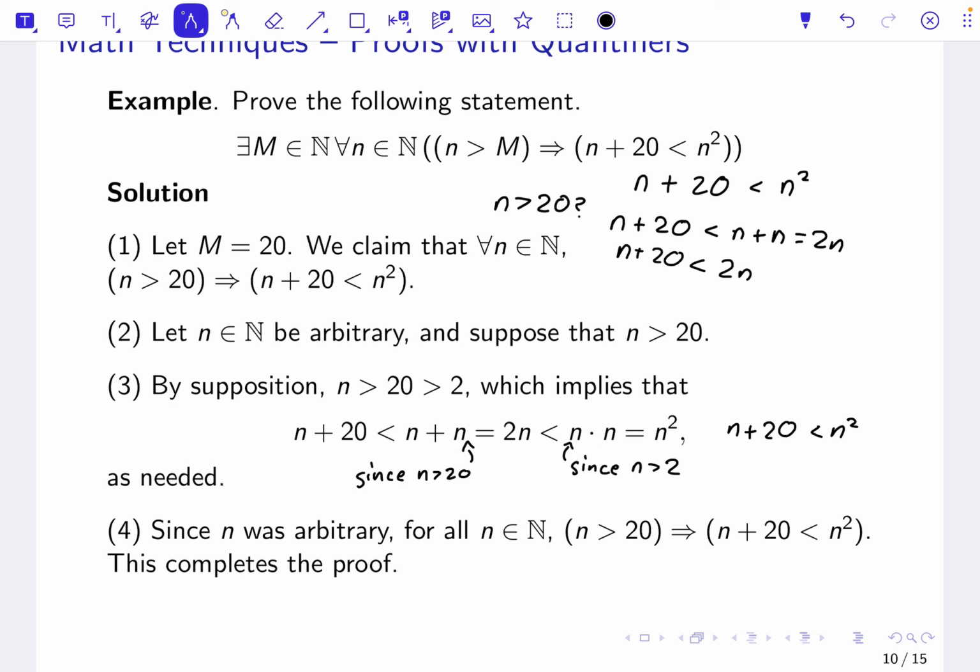I think n has to be greater than 20 for this exact logic to work, specifically this step. But I don't doubt that other values are possible. m being equal to 20 is just one possible outcome. Anything greater than 20 would obviously work because that first step would work exactly as described.